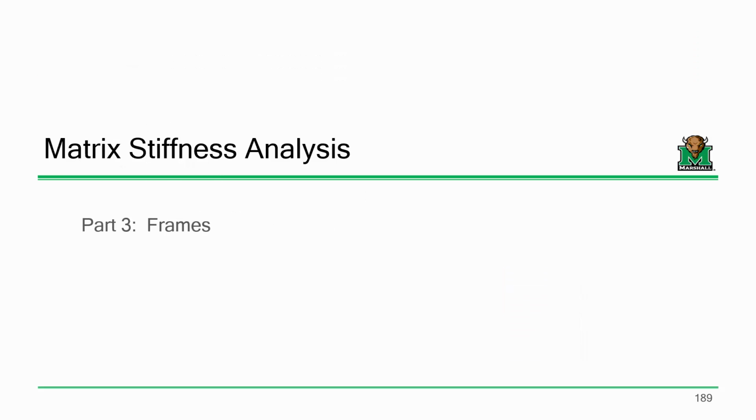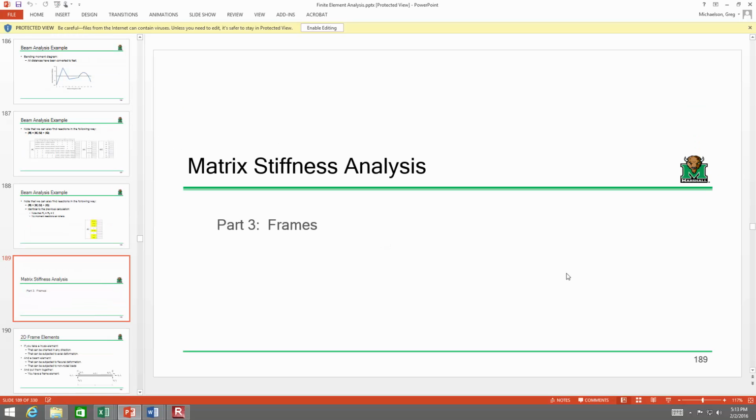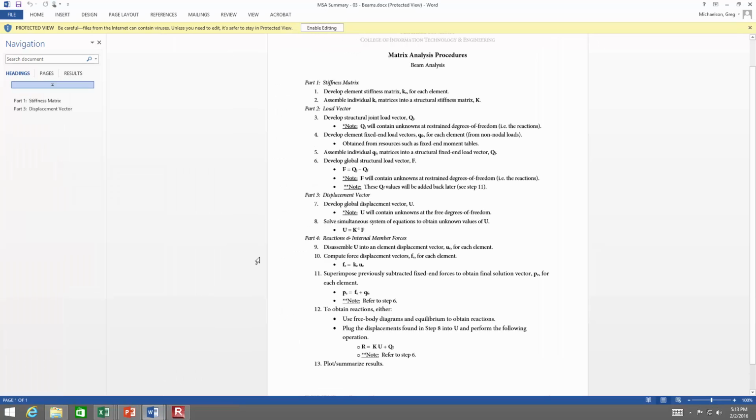Okay, now, before we talk about frames, I want to give you this, because this has been a pattern of discussion for us, a little procedure sheet that we can go through. And I'm going to discuss this at a higher level than I have discussed other things, because after a while the process is the process, and it becomes old hat.